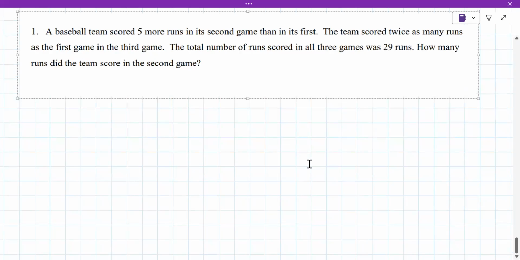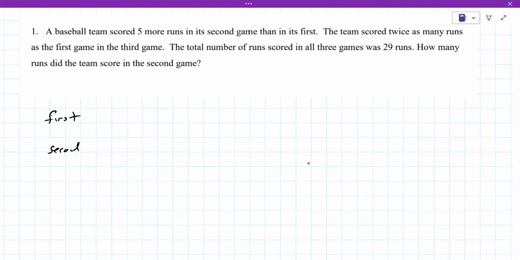Okay. Baseball team scored 5 more runs in its second game than its first. The team scored twice as many runs as the first game in the third game. The total number of runs scored in all 3 games was 29. So I'm sorry, I want you to tell me the first, second, and third equations for this. For the first game, second game, and third game.